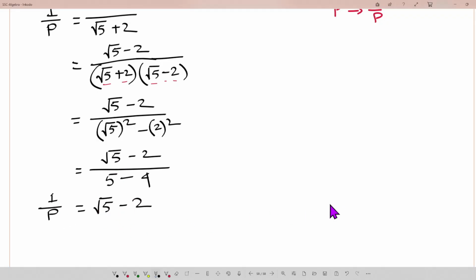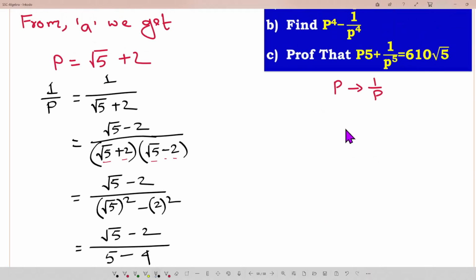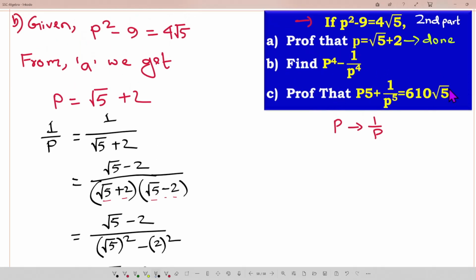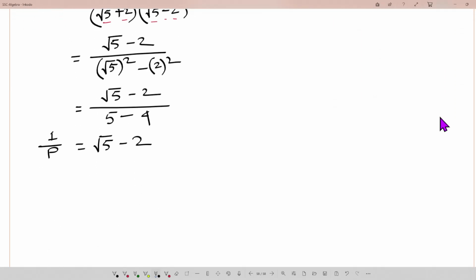Very simple. Now we can easily find p to the power 4 minus 1 by p to the power 4. Here is also one thing we need: p plus 1 by p. Why?